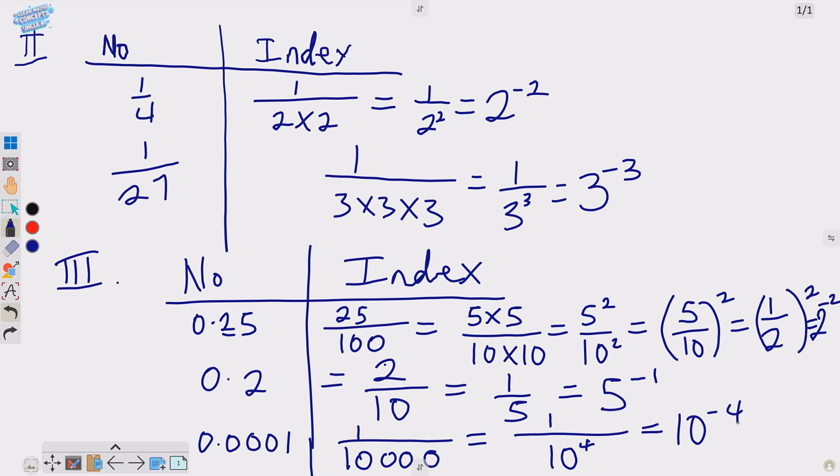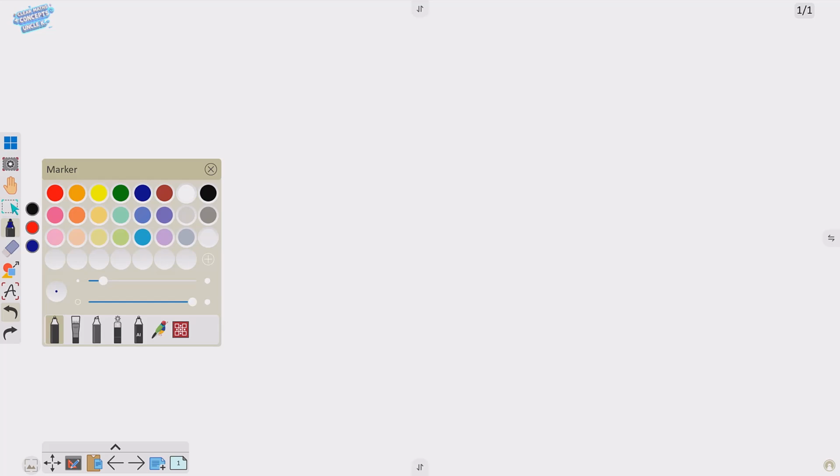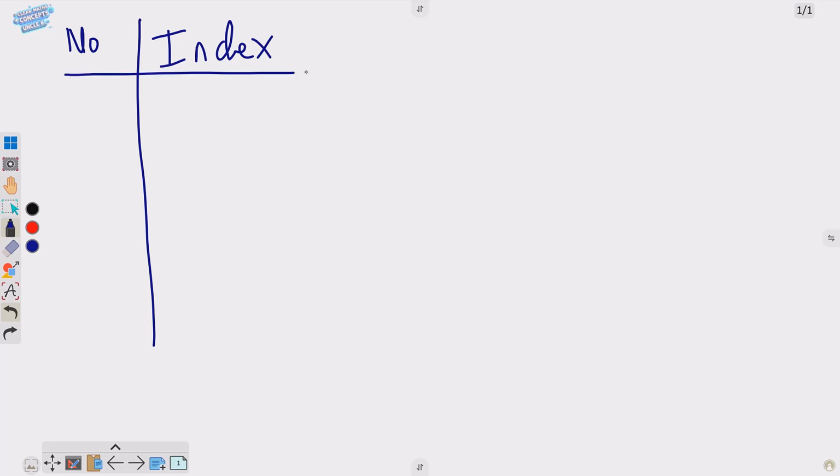So let's go to the next category. We have number and you have their index. So let's say you have 2 and 1 over 4.